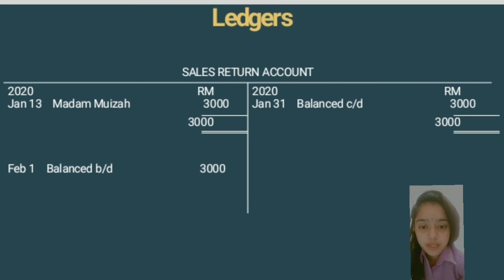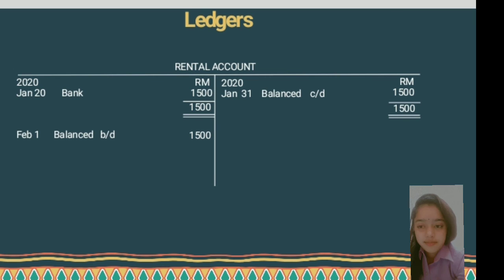Because Madam Muiza returned the sofa to manufacturer, we have to open sales return account. Write on debit side 2020 January 13 Madam Muiza RM 3,000. The total will be 3,000. On 2020 31 January balance CD will be RM 3,000 and balance BD on February 1 will be 3,000.